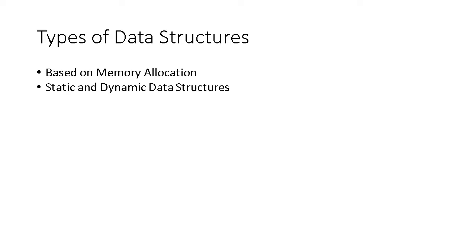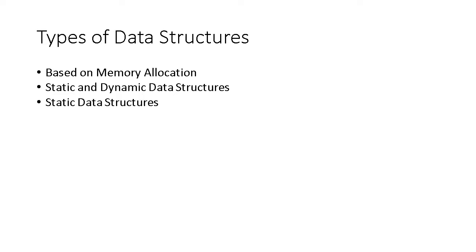The next type of data structure is based on memory allocation. How memory is allocated to a data structure, based on that the type is defined. Two ways we can do the memory allocation: static memory allocation and dynamic memory allocation. So static data structures and dynamic data structures are available.